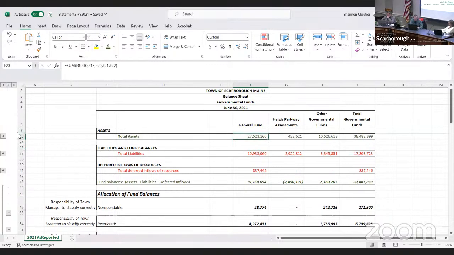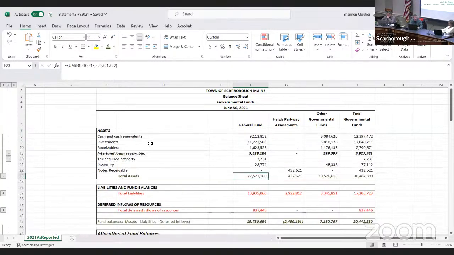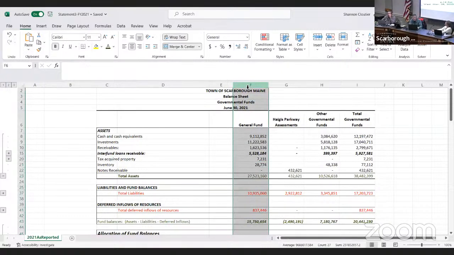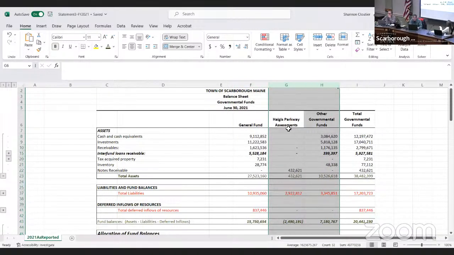You can break these into different categories, right? So your assets are things like cash, investments, receivables that you might have out there. We also have a category called interfund loans receivable, then a couple of smaller items. These are our major funds. The general fund is pretty much everything flows through there, but we identify things elsewhere as well.